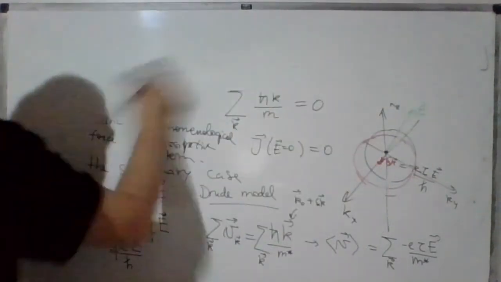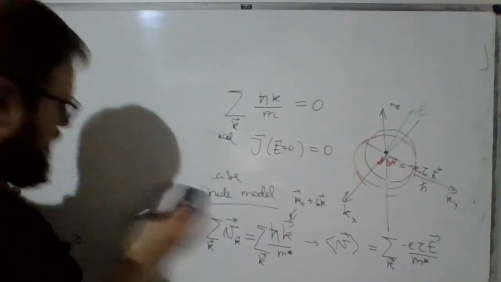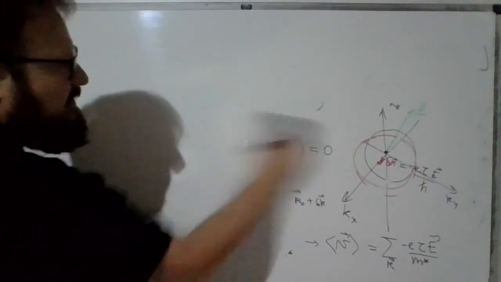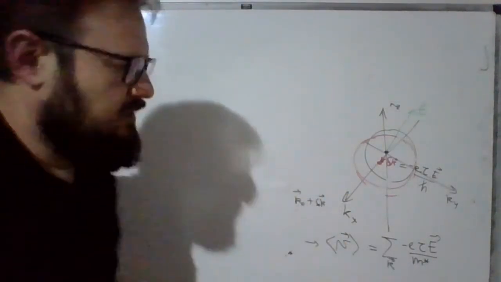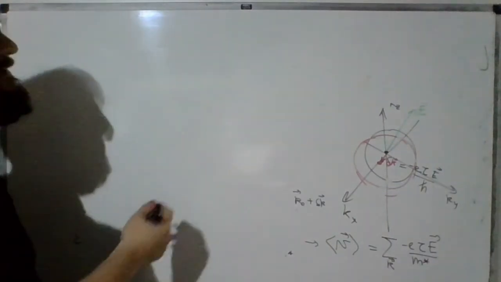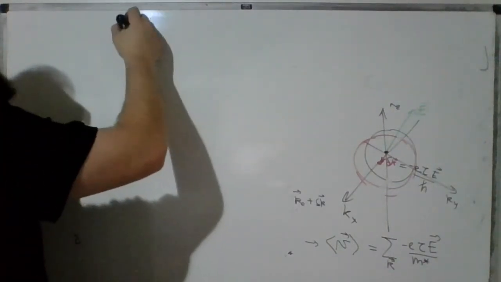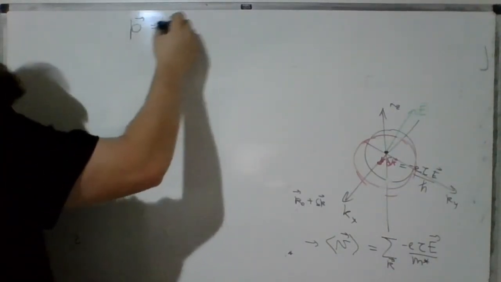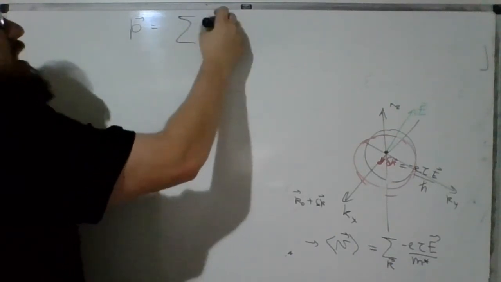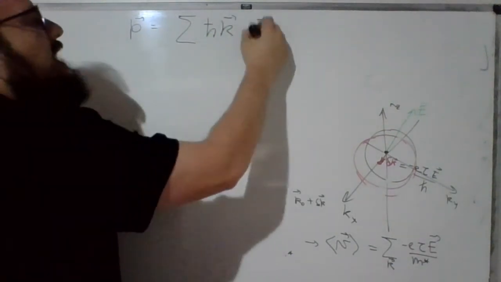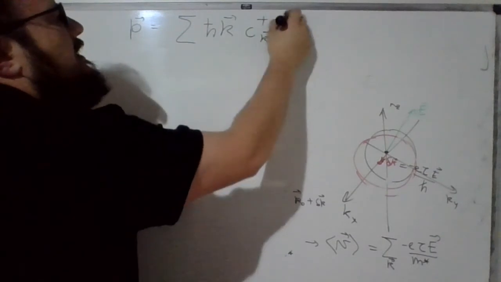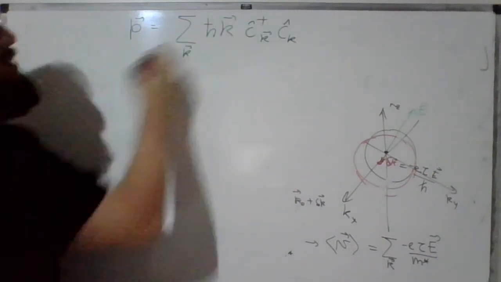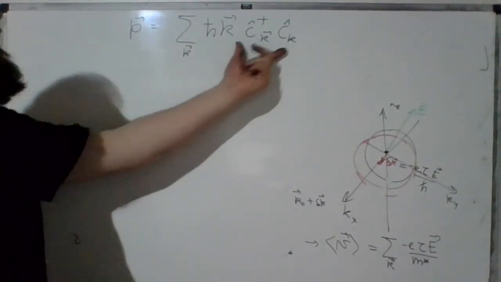And therefore, summing over all the k produces just, you could think that a momentum operator, to be precise, would be replaced by h bar k, c dagger k, c k. Okay, this is the proper definition, but this is in the average.